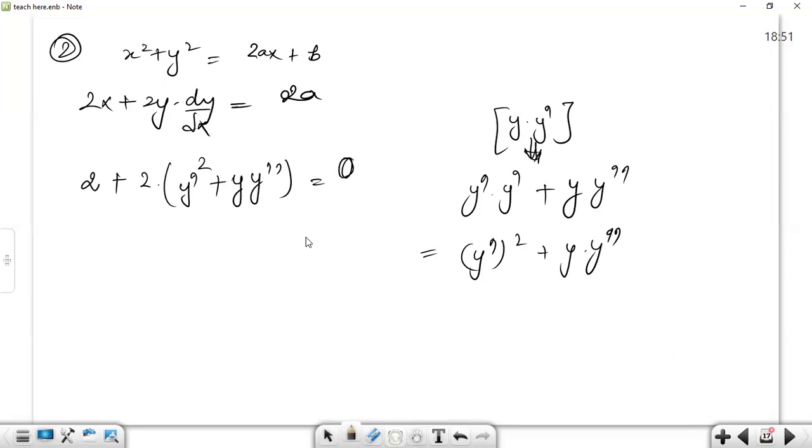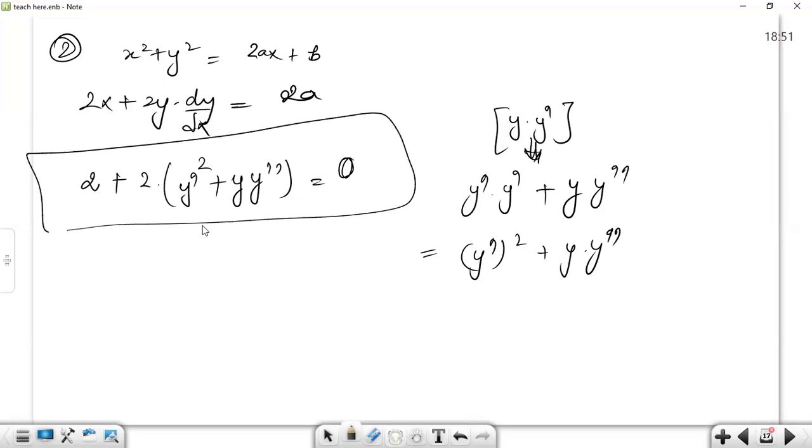Okay, so this is now our required differential equation. This is the answer only. We can also represent it further by taking plus 2 in that direction.